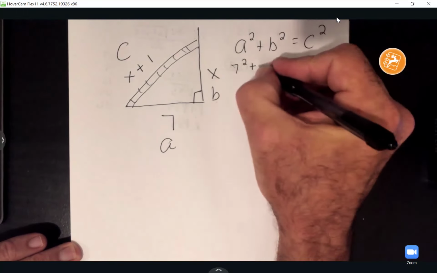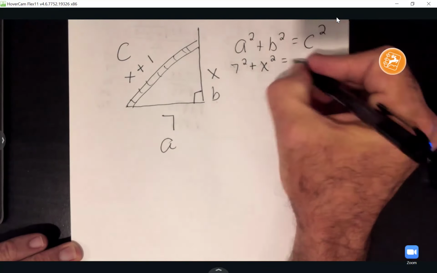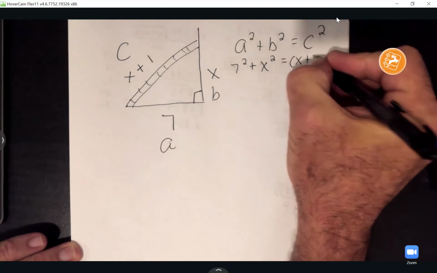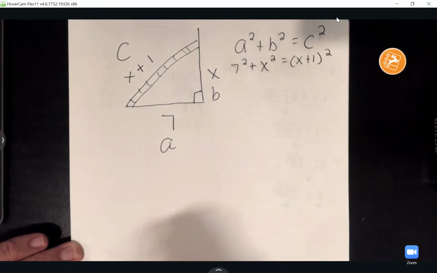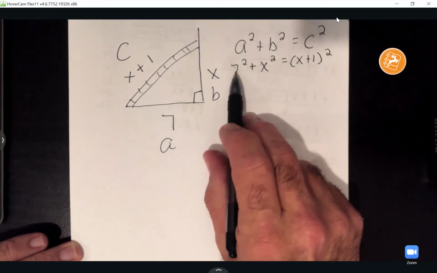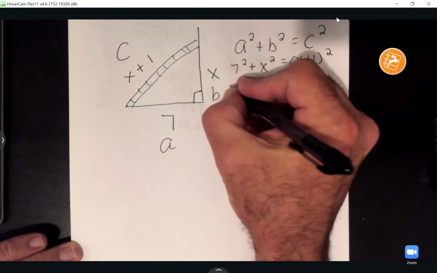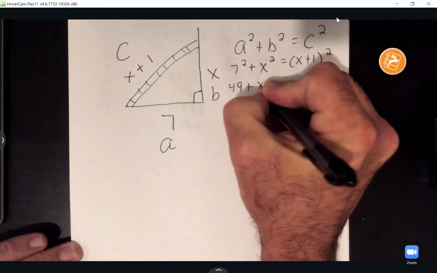B, I'm going to put an x in and square that. But c is an x plus 1 squared. And y'all, we're just solving this for these x's now. So 7 squared, that'd be 7 times 7 would be 49. Can't do nothing with the x squared on this side for the moment.